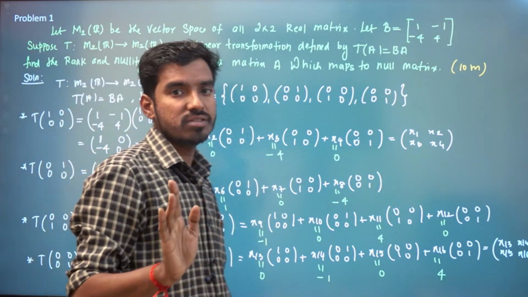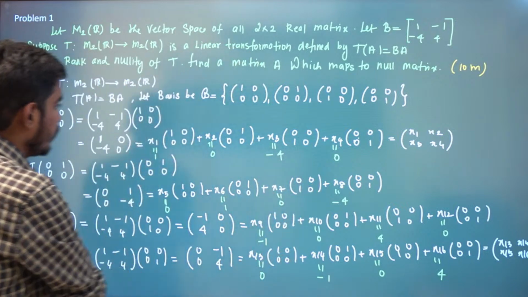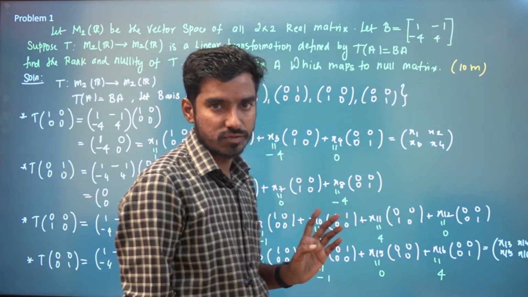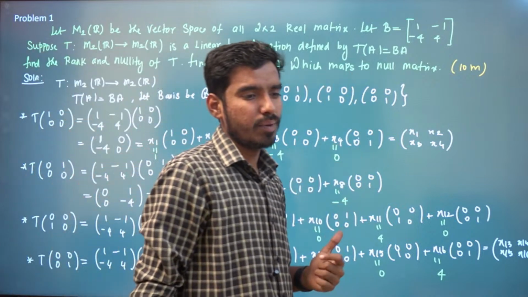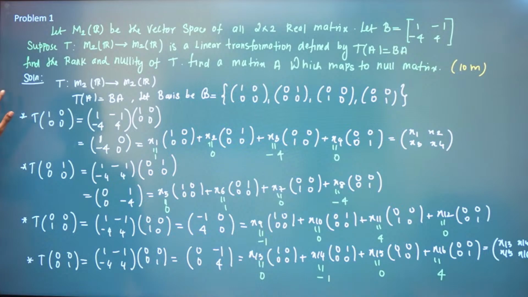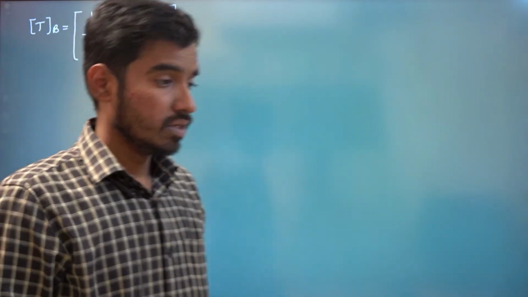If not a standard basis, you have to solve it like this only, right? Okay. You always go by this method for finding x1, x2, x3, x4. I already stressed the importance of this in previous PYQs also, right? In some of the previous year solutions videos. Okay, so this is the matrix of T with respect to the standard basis.